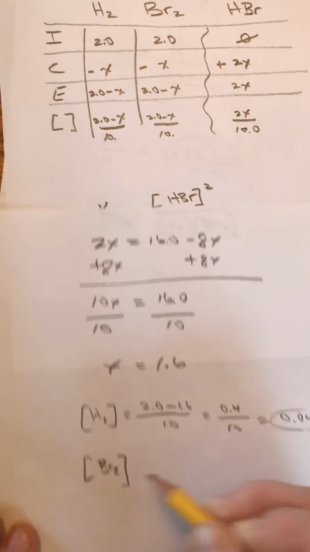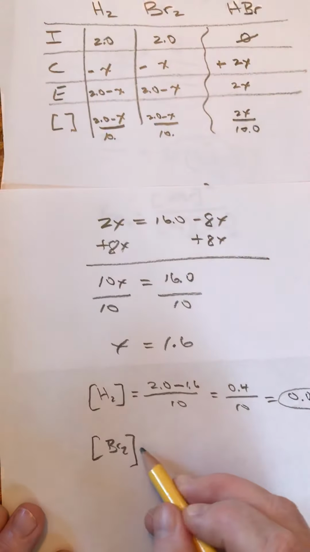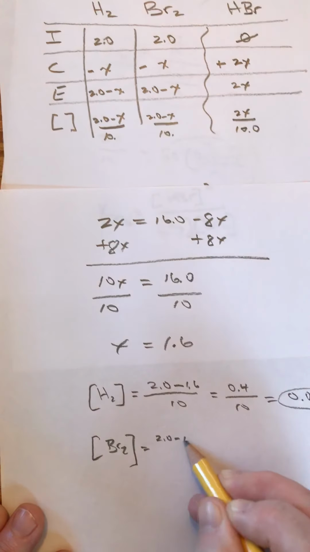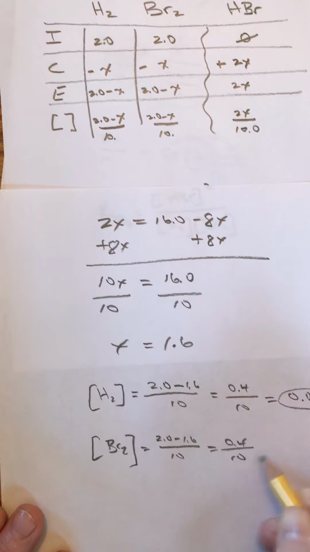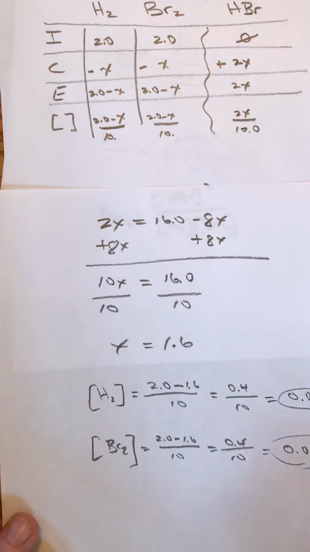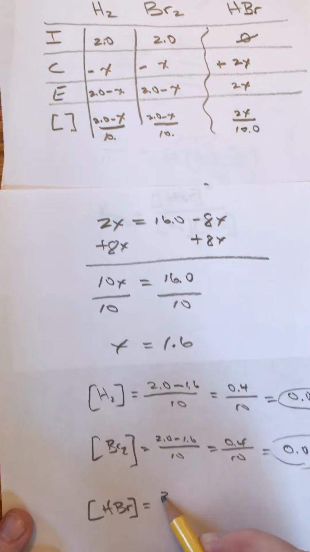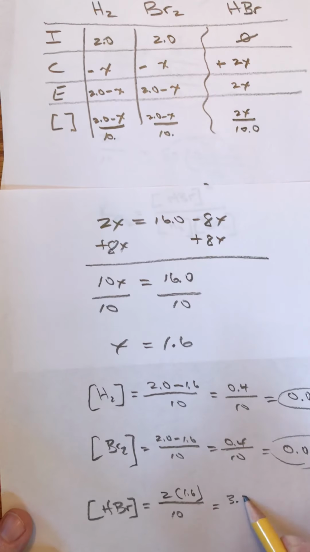Br2 is also equal to 2.0 minus 1.6 over 10, which is 0.4 over 10, which is 0.04. And HBr is equal to 2 times 1.6 over 10, which is 3.2 over 10, which is 0.32.